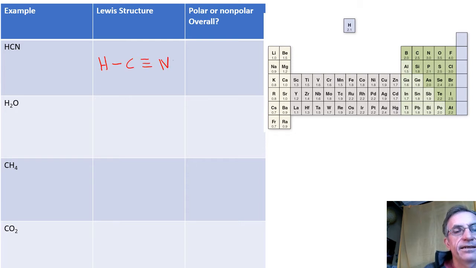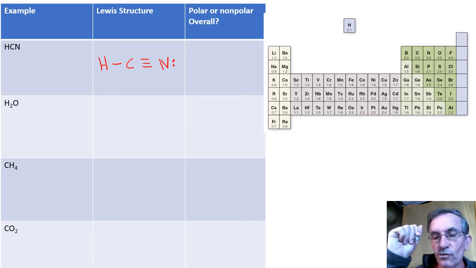After you have the Lewis structure, you start looking for those requirements.